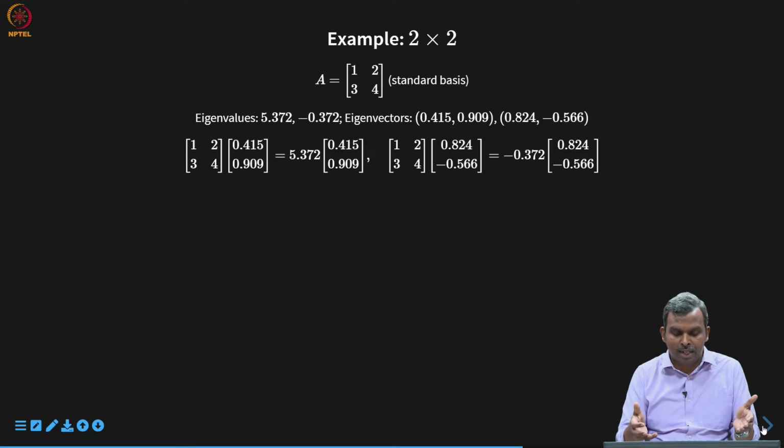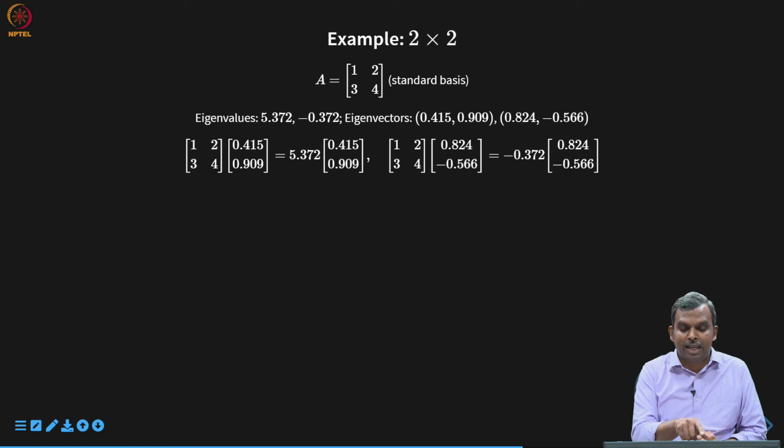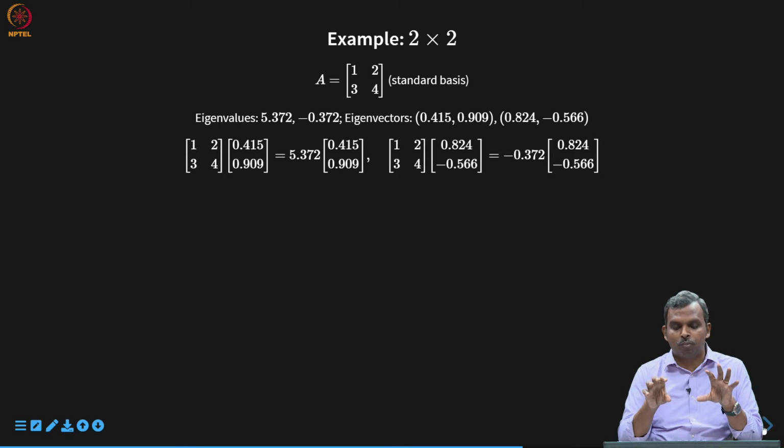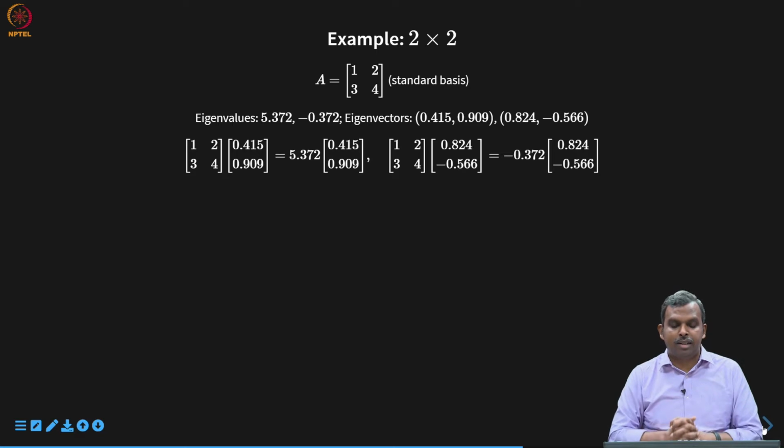In fact, you can write A as S D S inverse. With these exact eigenvectors, you know how to form the S matrix, and D becomes diagonal, so it's useful. This eigenvector eigenvalue representation is very useful even for this matrix.